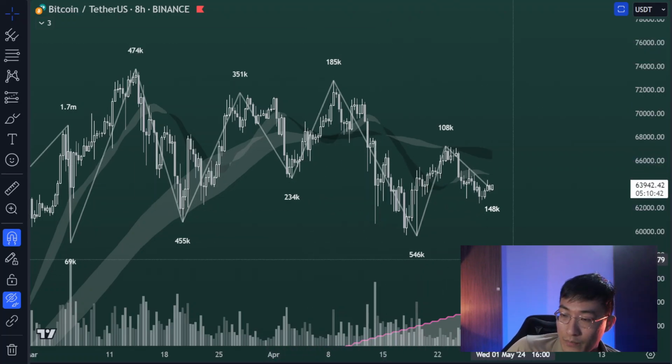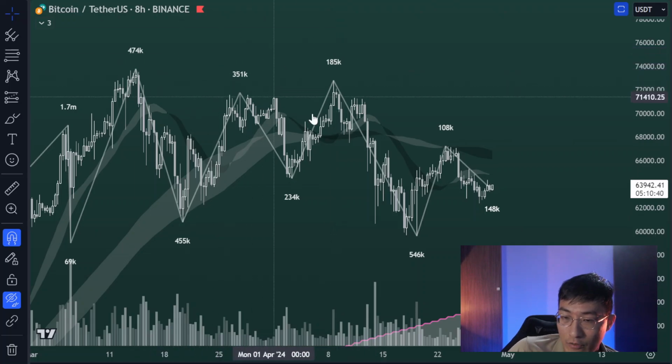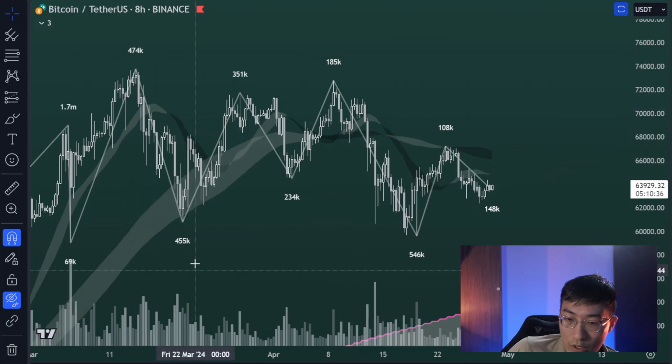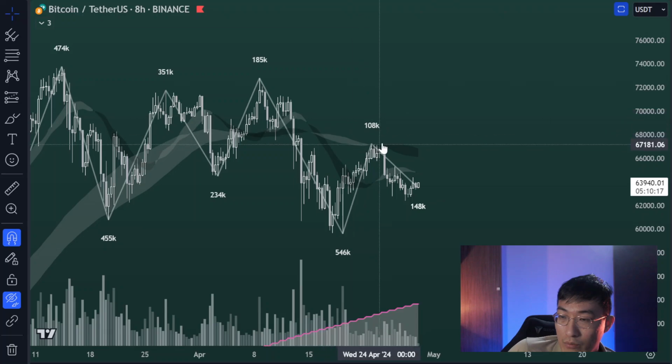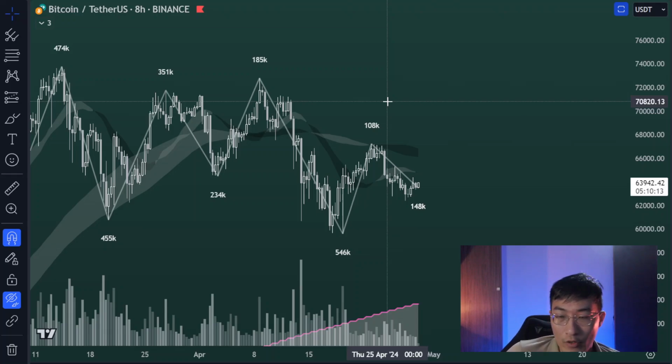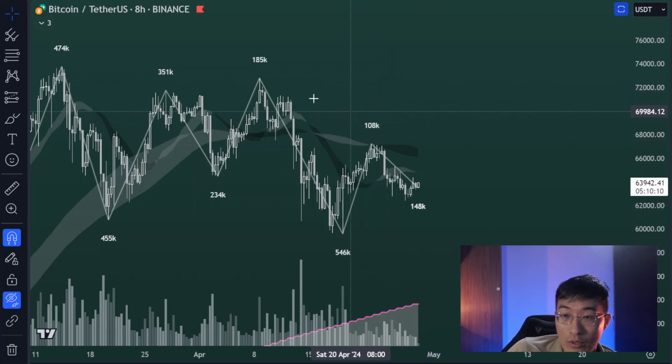You can see how heavy the volume is for the bearish waves. There's one of 455, then 546. The bullish reaction has been quite weak recently, with 185k Bitcoin being traded in this up wave, and 108, which is very, very weak. The amount of bullish volume within this up wave is very low.